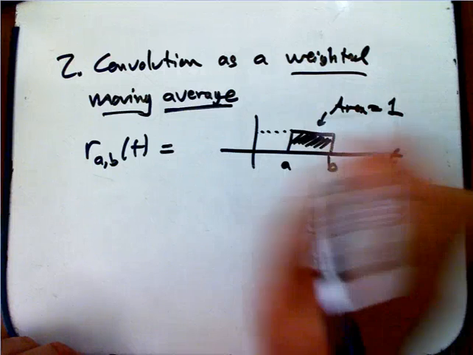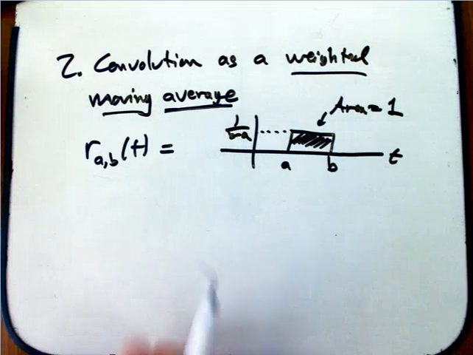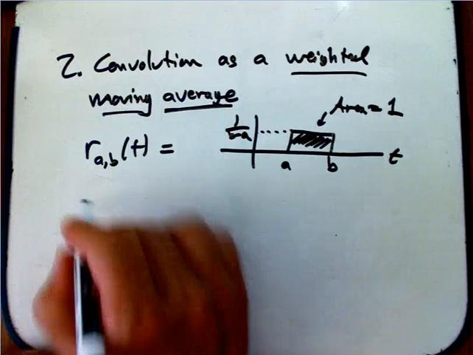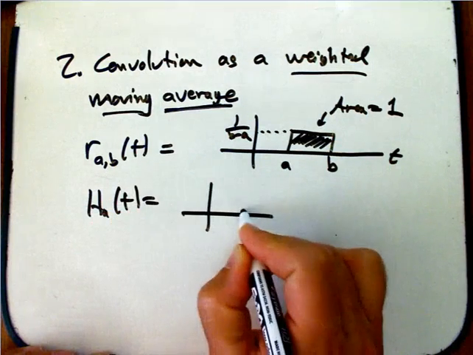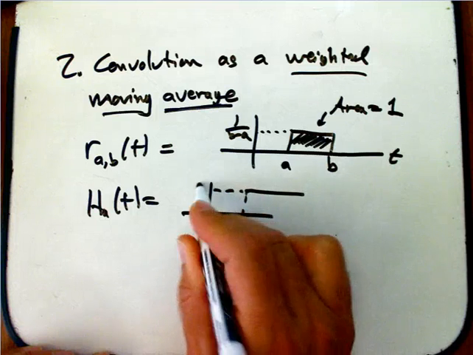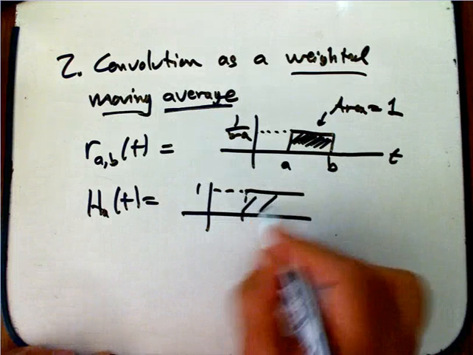So we're going to normalize that to 1. So in other words, the height is going to be 1 over B minus A. And then, of course, we have the step function that turns on at A. That's a really useful tool. That will have height 1. There's no way we could normalize that to have unit area because it goes on forever.